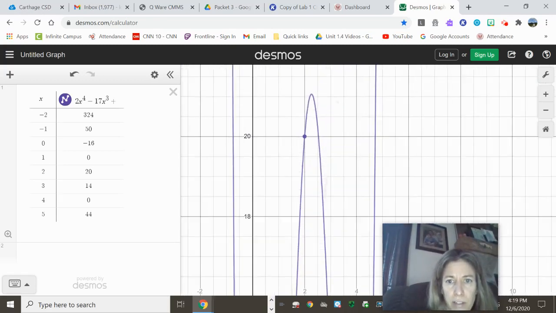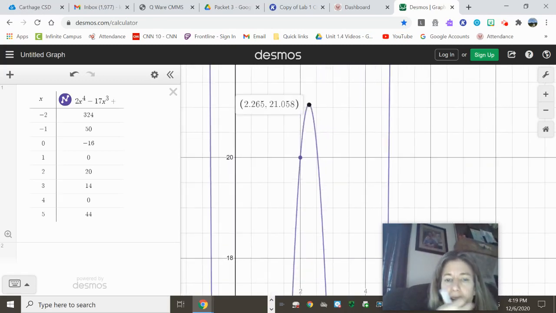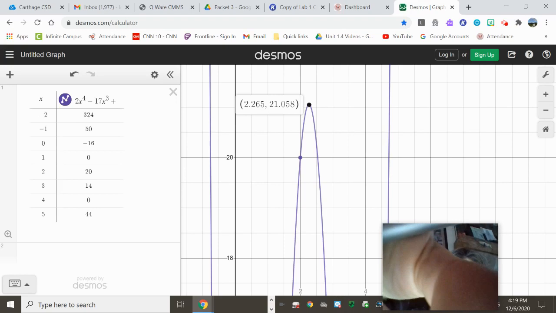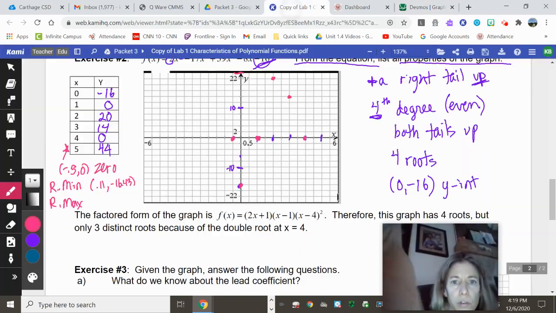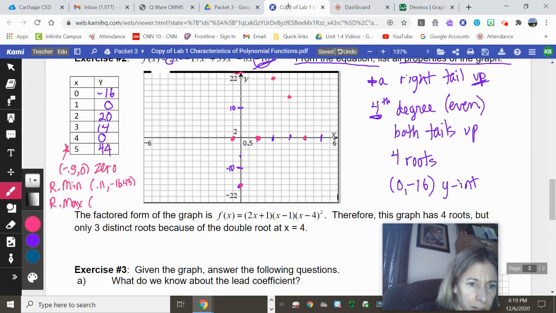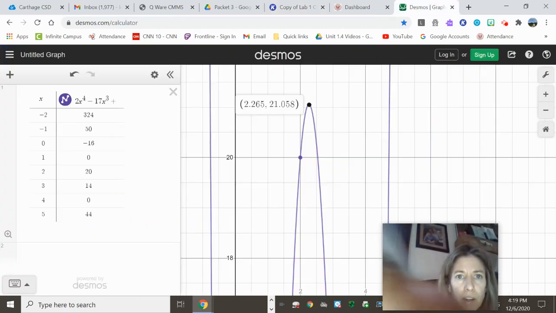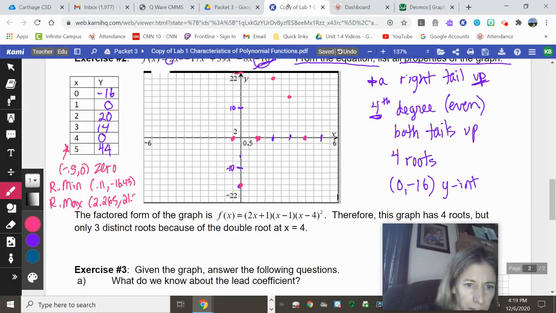And then we have a relative max of 2.265 and then 21.058. And again, we'll just get as close as we can.